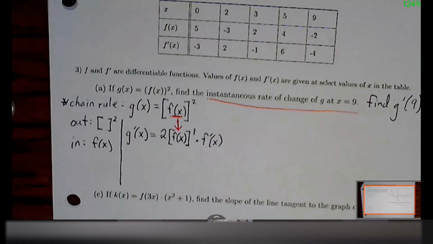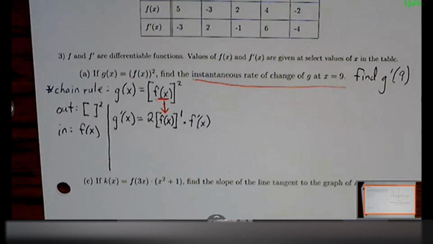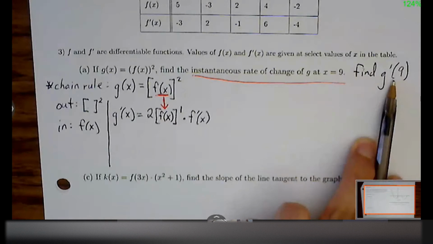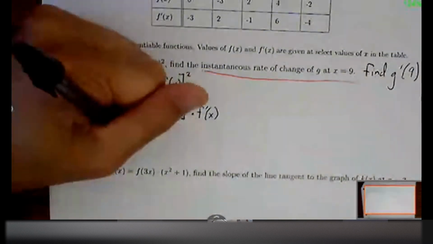AP exams love to do this on the FRQs, where they mix function notation with expression, and you have to kind of work your way through it. Okay, questions so far? Okay, we're done with the calculus. Now we can just insert 9 in for all the x's.